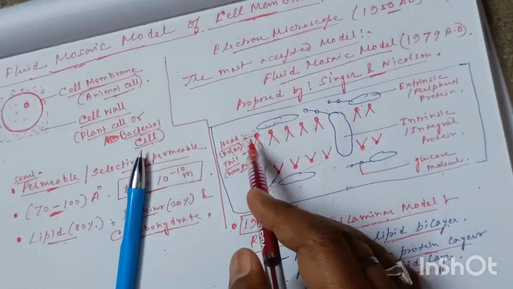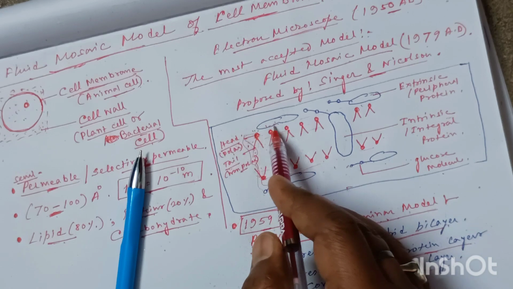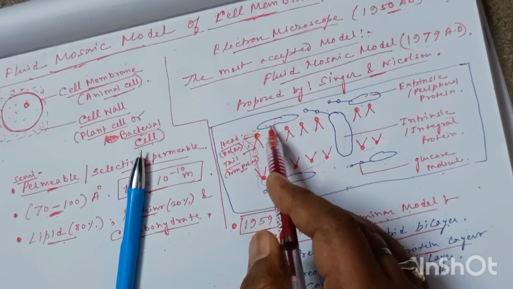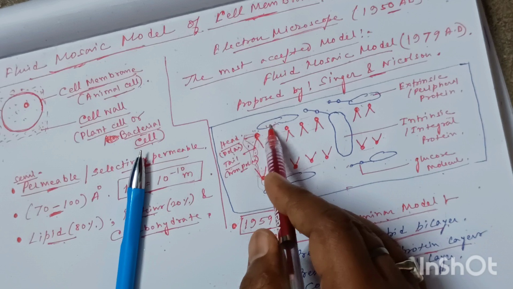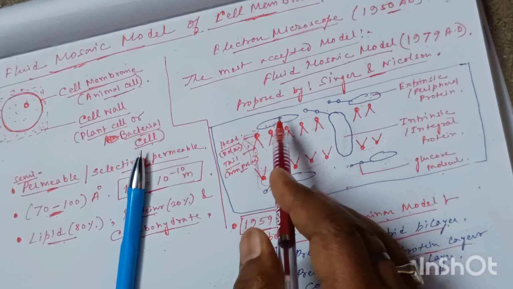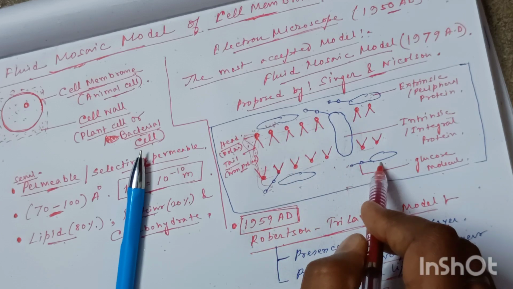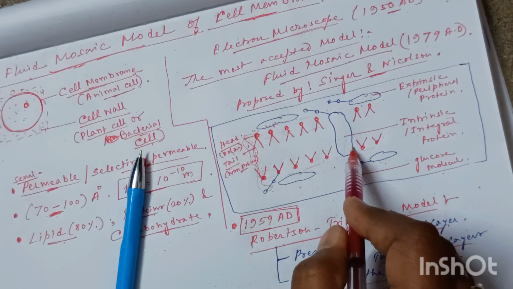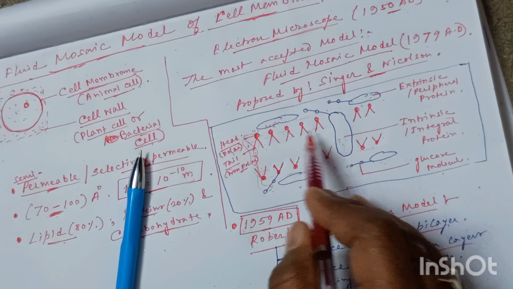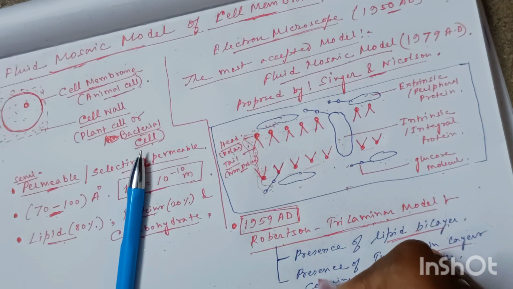But if we see the diagrammatical view of the Singer-Nicholson model, we can clearly see that the protein molecules remain in random orientation, not in continuous orientation, here and there in a disorganized manner. And the integral protein remains embedded in the lipid molecule, but there is no mention of embedded protein in the Robertson trilaminar model.